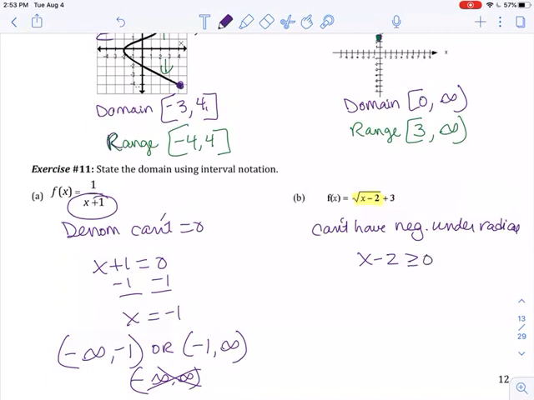It's okay if it's 0, but I'm going to have to make it greater than or equal to 0. So as long as x is greater than or equal to 2. So 2 I'm including, and then any number that's bigger than that, so I will go until infinity.